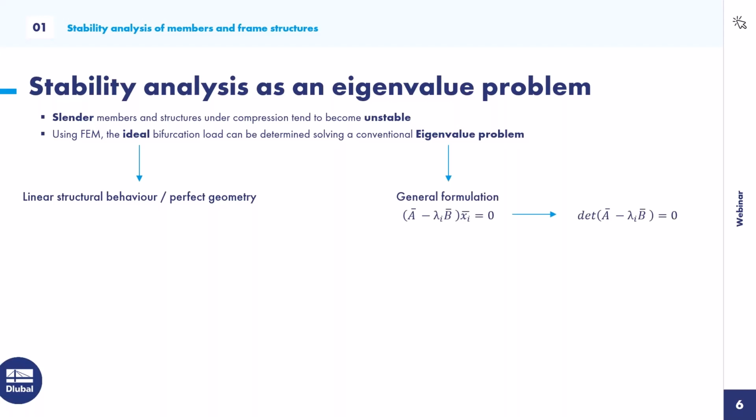The eigenvalue problem in the general formulation has two symmetric matrices, A and B, the eigenvalues lambda and the respective eigenvectors x. And to solve for the unknown eigenvalues lambda, we have to set the first term of our formula to 0, and that's mostly done by calculating the determinant of this first part in the bracket and setting it to 0.